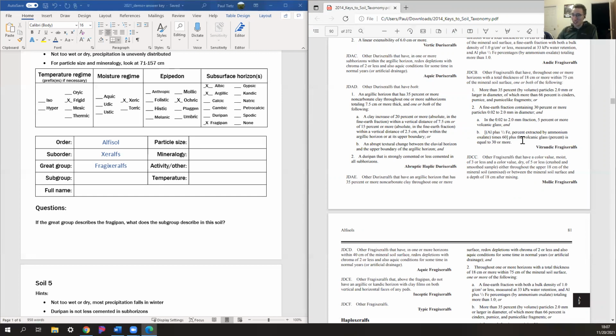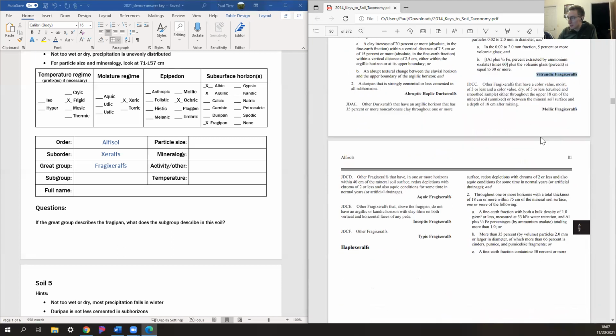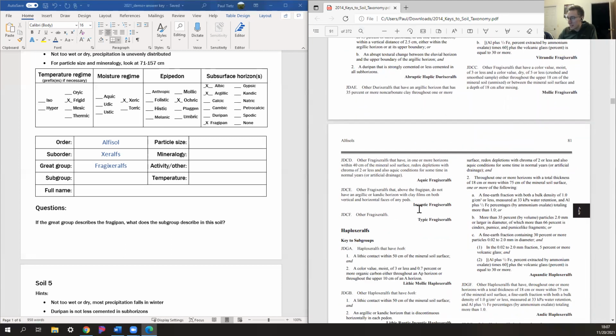In full disclosure here, the official description for this soil profile is a Vitrandic Fragixeralf. So perhaps that was either done in the field where we didn't have the lab data to look at, or maybe a little bit of fudging. This is where it's kind of a gray area, because if you rule Vitrandic Fragixeralf out, you don't have a mollic, aquic, or inceptic Fragixeralf.